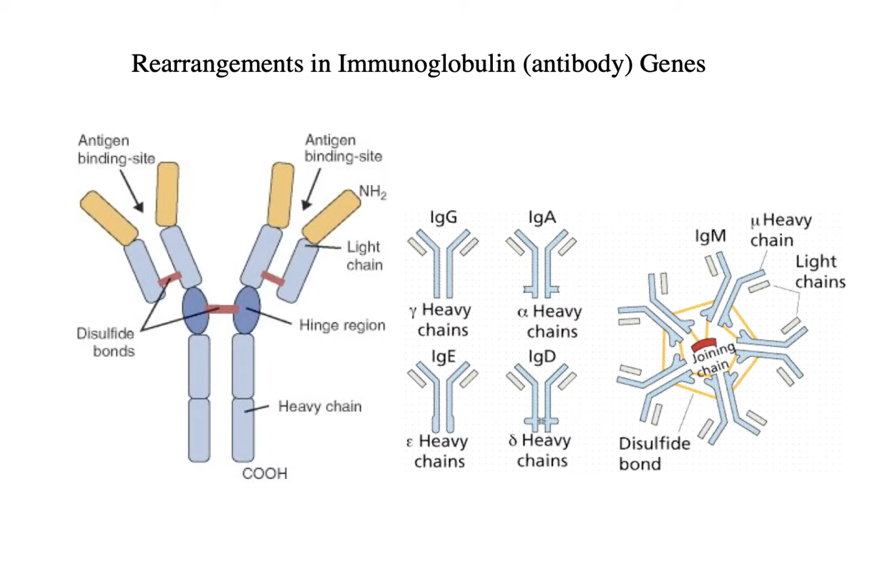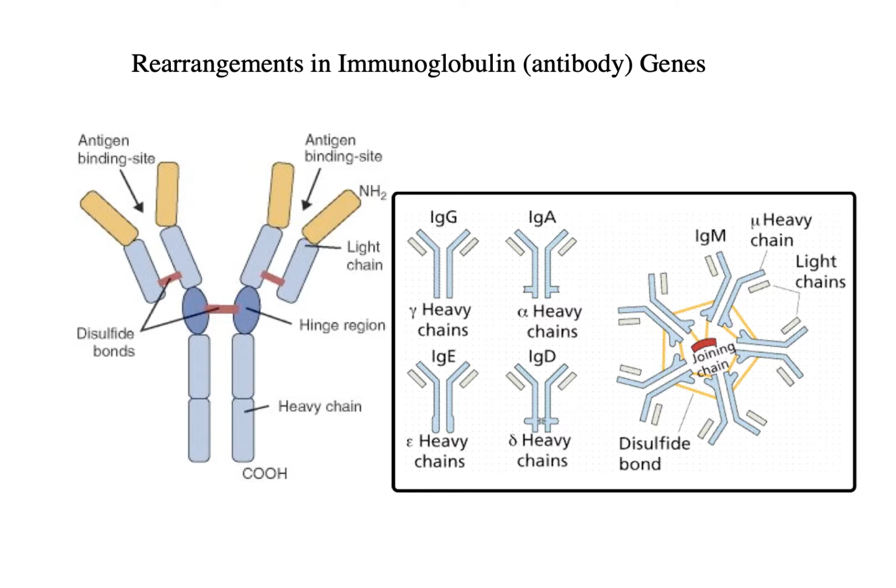And then there's recombination involved in formation of immunoglobulins in the T and B cells. There is a gene for the heavy chains and a gene for the light chains, and then various ways to attach those together to form various types of immunoglobulins.